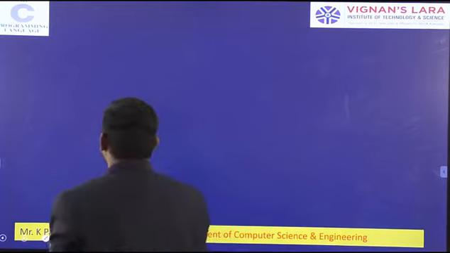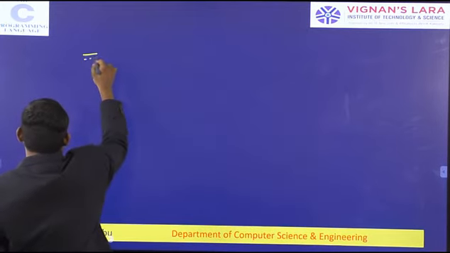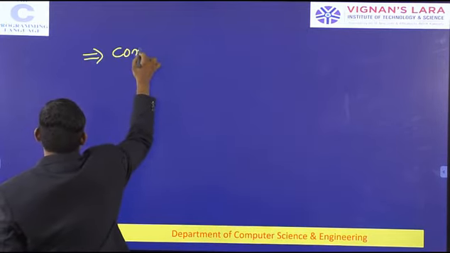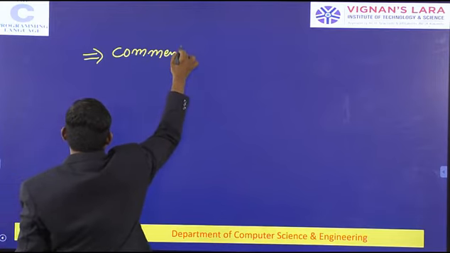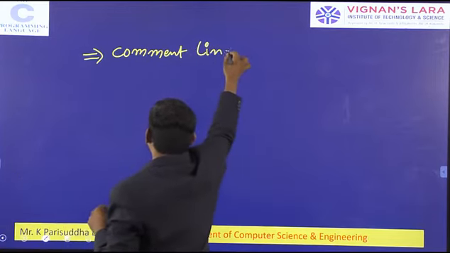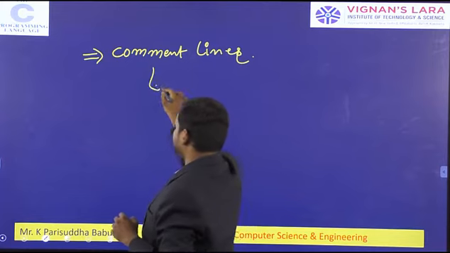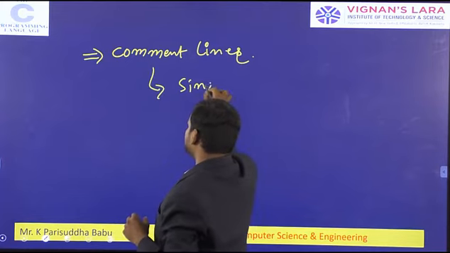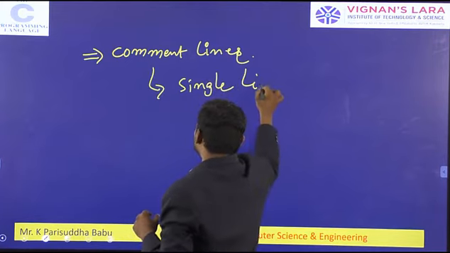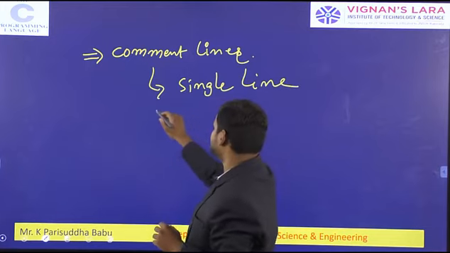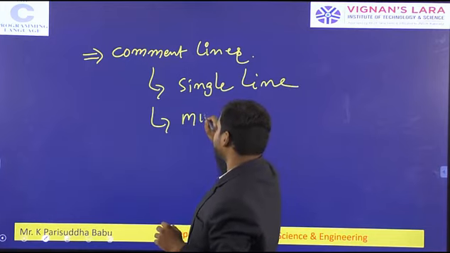Before writing a C program or any program, we start with comment lines. Comment lines are of two types: single line comments and multi-line comments.